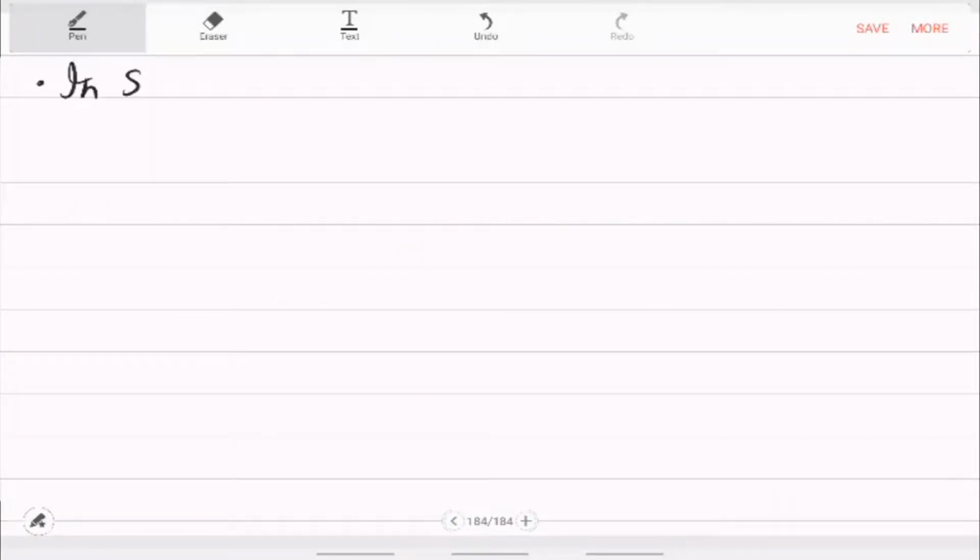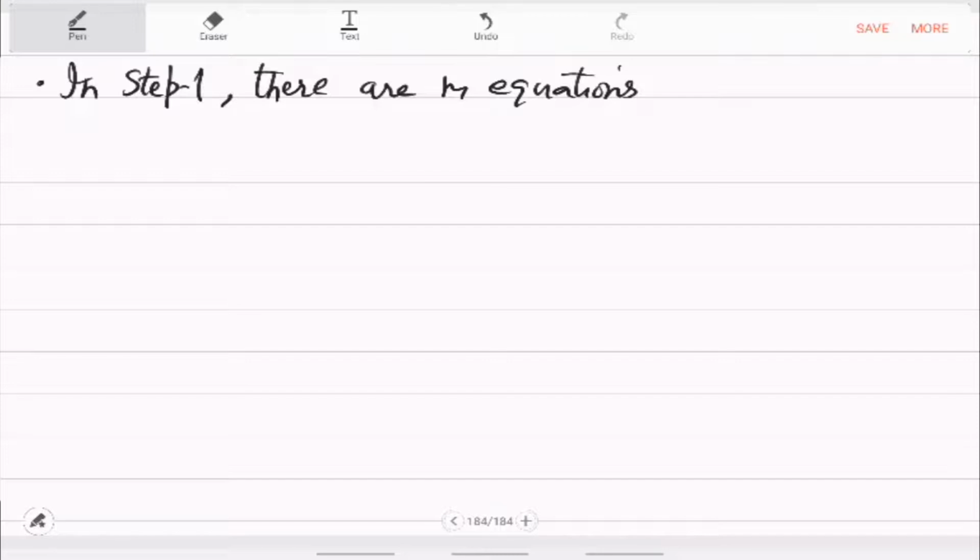So, in step 1, there are m equations, and how many unknowns?